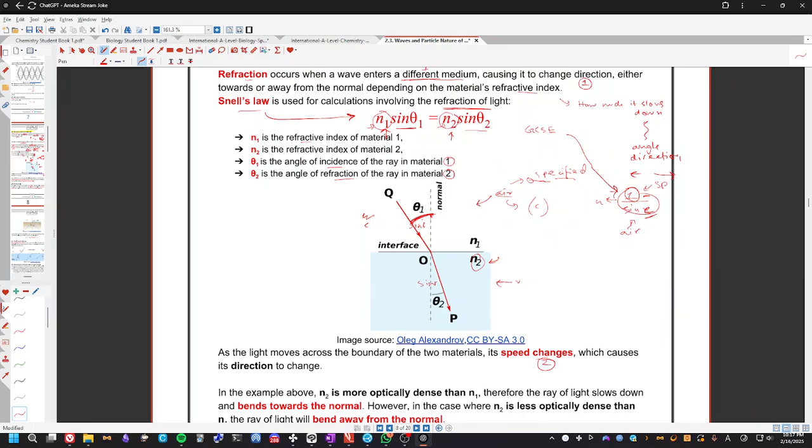Then isn't c, the speed of light, the same as sine i, sorry, the incident angle? Speed of light c and the sine of the incident angle sine i are not the same thing.